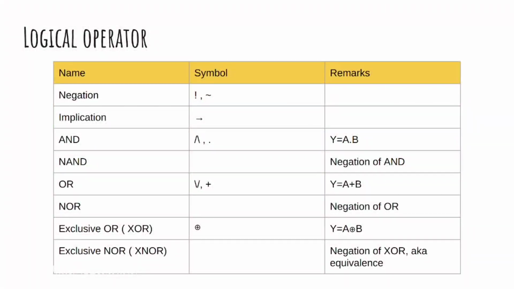Here is the list of some of the logical operators and their symbols. Again, we are not going to use any programming language specific symbol. We will be using generalized symbols. For example, some programming languages may use and as a symbol, some may use ampersand, some may use double ampersand, but here we will be using this symbol for and.